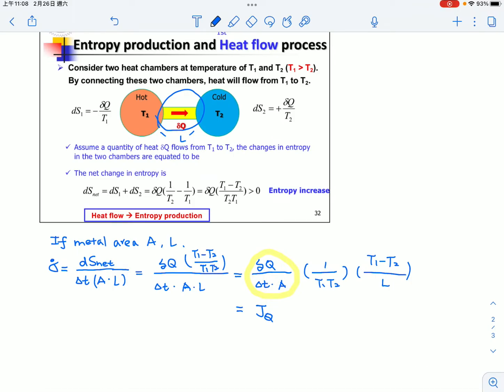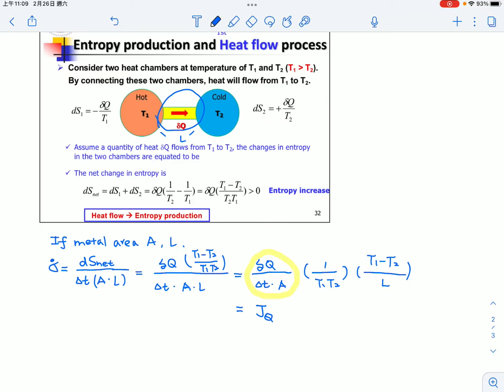So in order to simplify them, if the problem didn't give you what T1 and T2 are, probably you can make some assumptions.